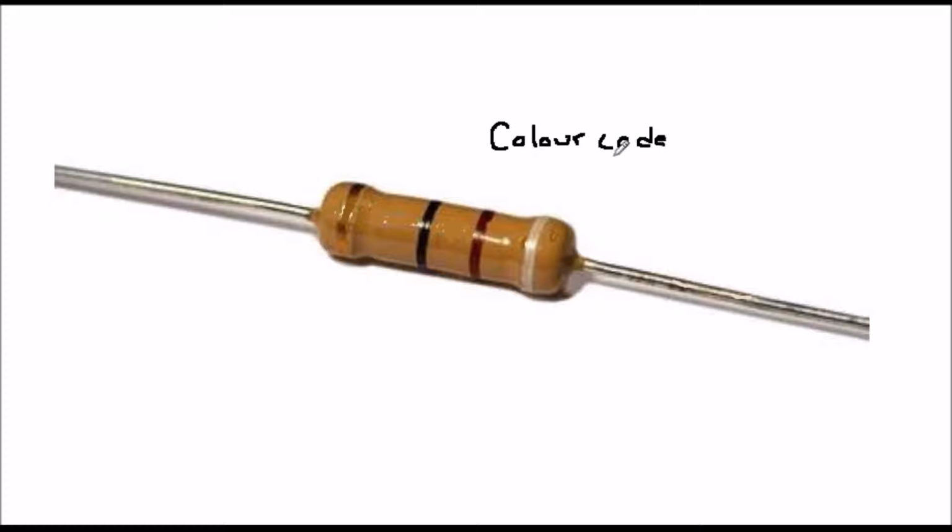Small resistors have coloured stripes on their body, and these indicate through a code their value in ohms, and also how accurate they are, which is called their tolerance. You can find out about this code by searching online for resistor colour code. The circuit symbol, called the schematic symbol for a resistor, is shown on the screen.